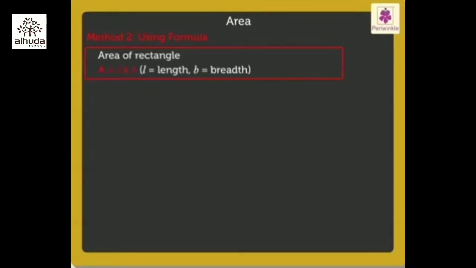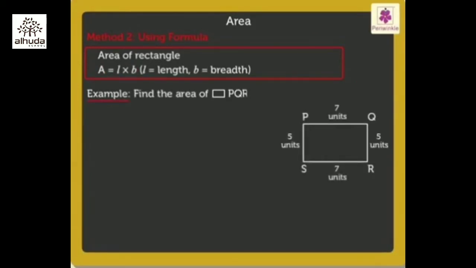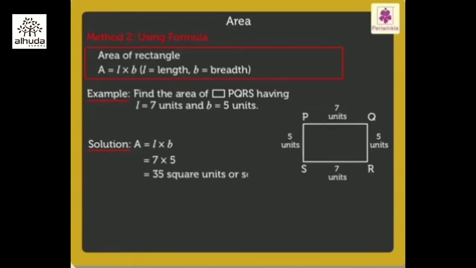Let's use this formula to find the area of a rectangle PQRS having length 7 units and breadth 5 units. Rectangle PQRS has length of 7 units and breadth of 5 units. Therefore, by using formula area is equal to length into breadth, we get the area as 35 square units.